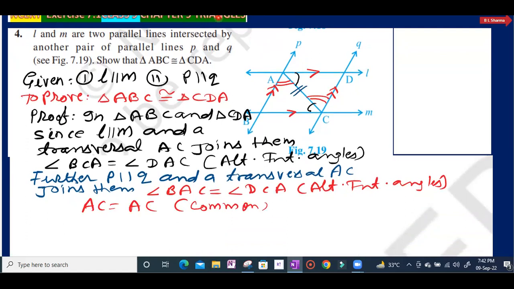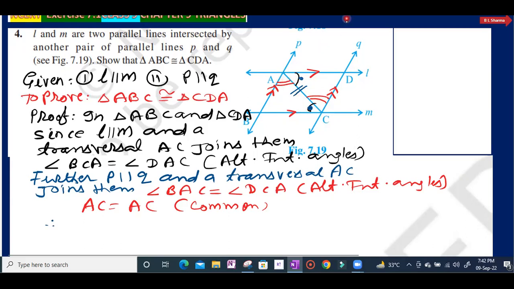See how it happened. See the angles in triangle ABC. In ABC, angle AC and angle C are equal to which angles? Angle CAC and angle CAD. See, this angle is equal to this angle, this angle is equal to this angle, and this side is common.